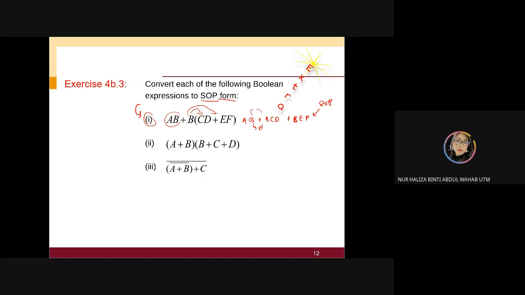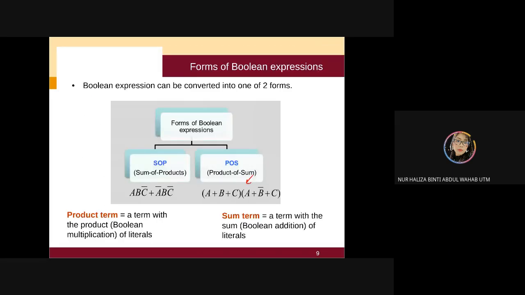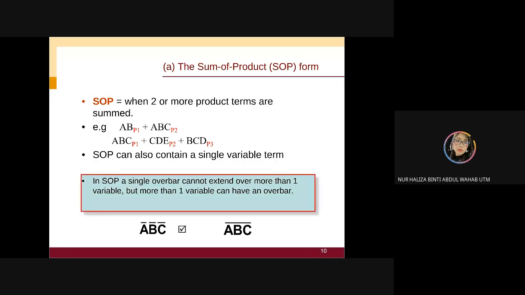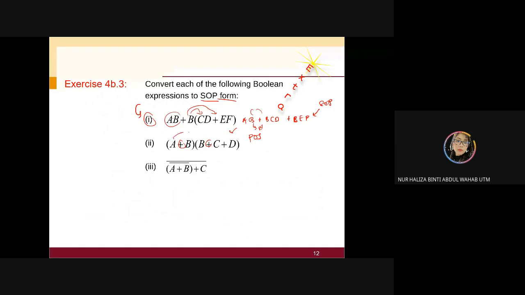And over here, this is still not yet a SOP because you have the plus and then you multiply over here. This is what? POS. If you still remember, look back at your POS, how it looks like. It looks like this, which is additions, and you're going to multiply all. So you're going to multiply one by one.